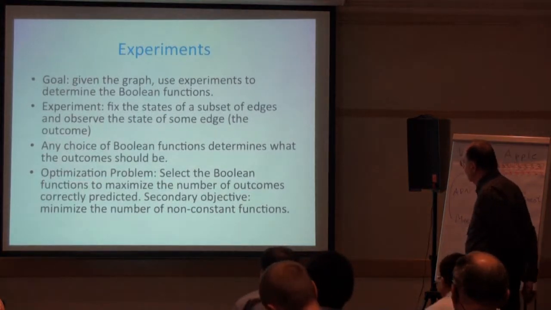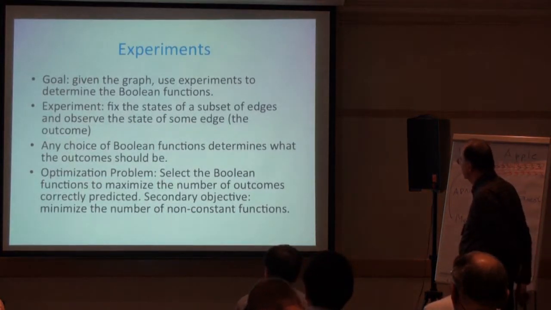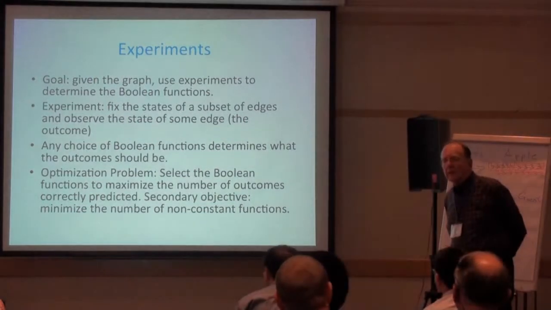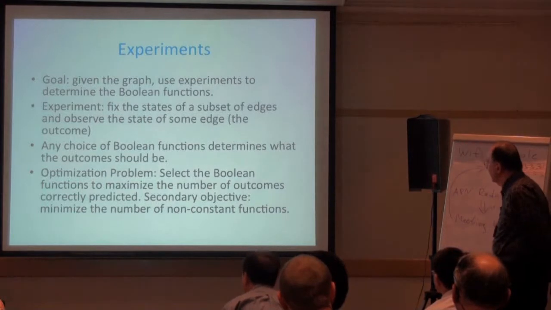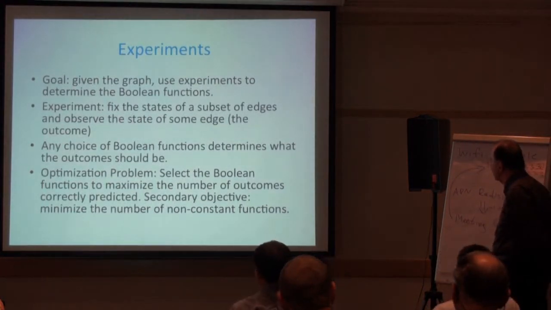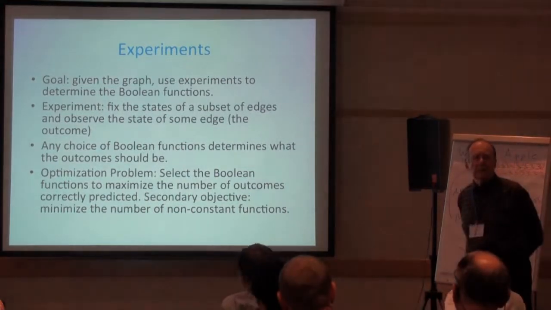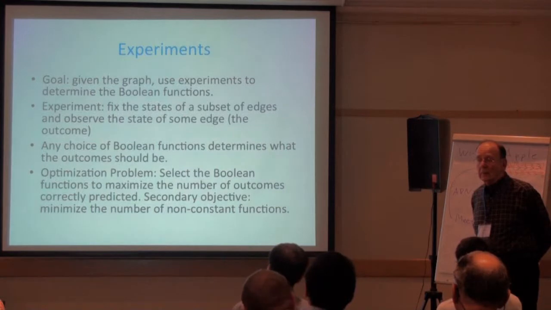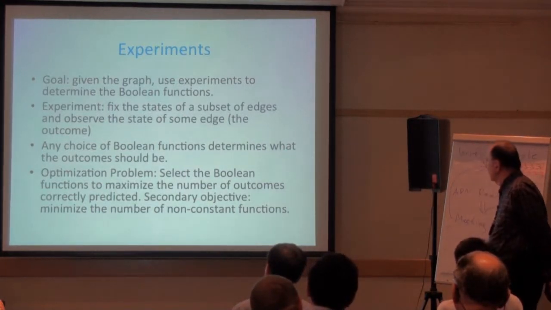And because the graph is acyclic, any choice of Boolean functions will determine what the outcome should be. And the optimization problem is to select the Boolean functions to maximize the number of outcomes that are correctly predicted, the number of experiments that are validated by the choice of Boolean functions.